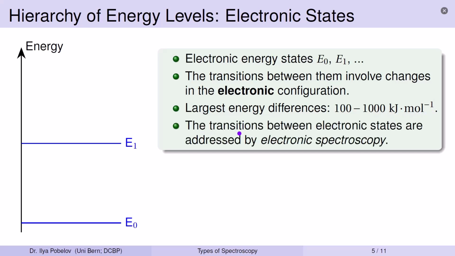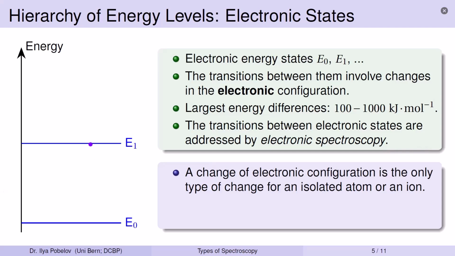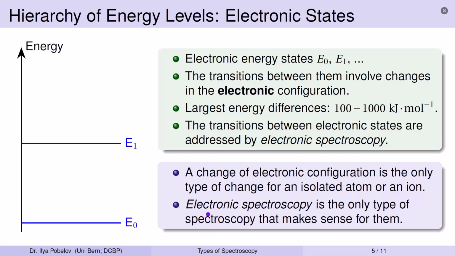The transitions between different electronic states are addressed by electronic spectroscopy. A change of electronic configuration is the only type of change that one can expect for an isolated atom or an ion. Respectively, electronic spectroscopy is the only type of spectroscopy that makes sense for them.